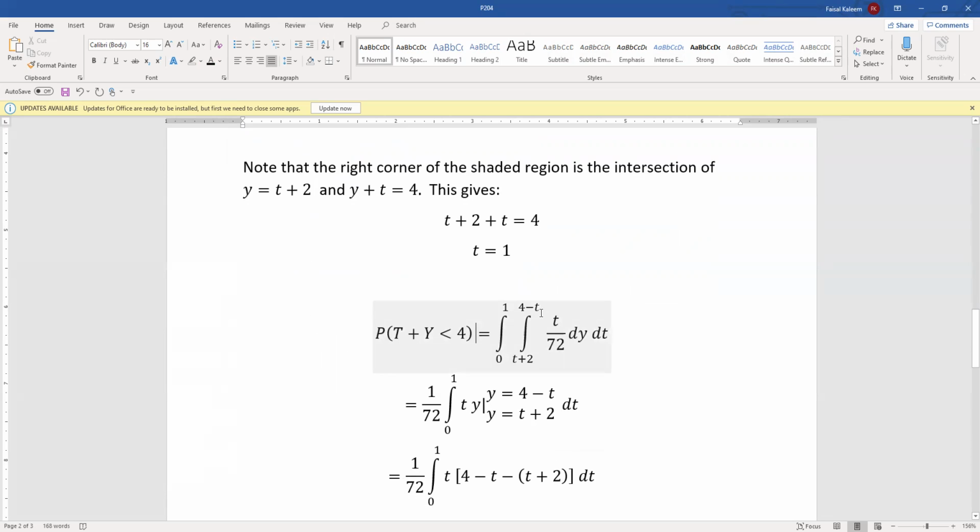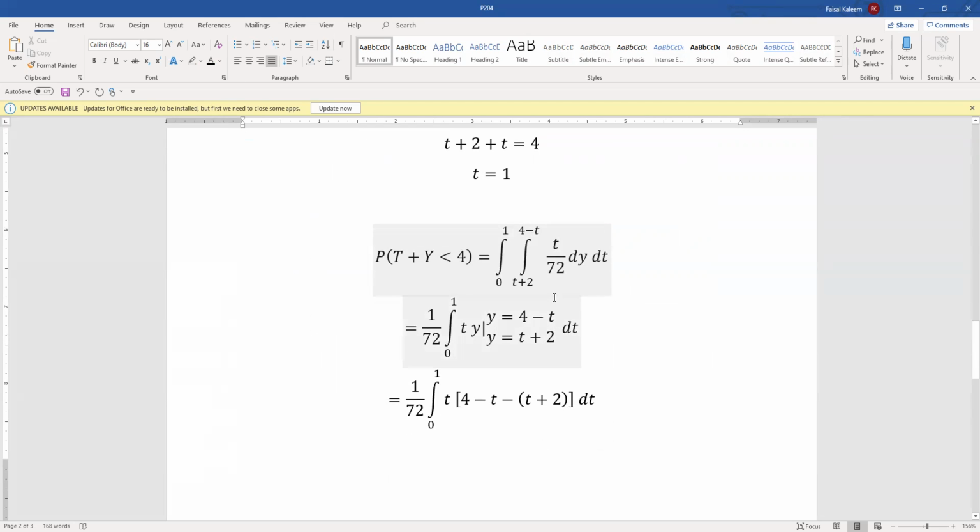So it's t plus 2 to 4 minus t for y, and 0 to 1 for t, in the double integral of the joint PDF. We can pull out the 1 over 72, and t is a constant with respect to y. When you integrate with respect to y, you just get ty, and y goes from t plus 2 to 4 minus t.